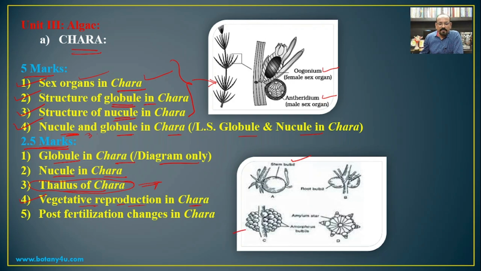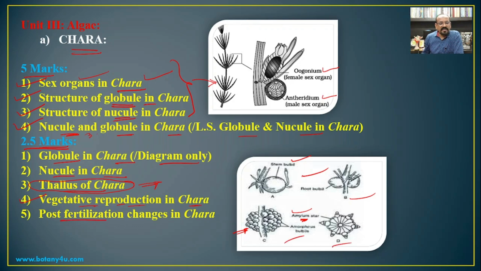Again, there is a development of a bunch of small bulbils, the amorphous bulbils, and certain special structures are developed, that is star-shaped bodies containing stored food material, the starch, and these are known as amylum stars. So these are the different methods of vegetative reproduction.